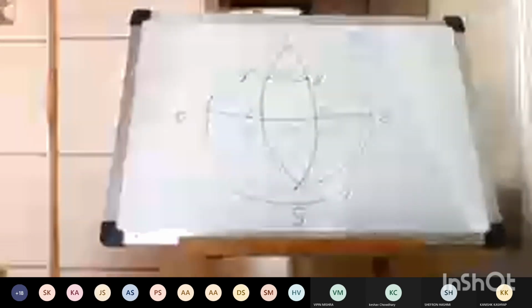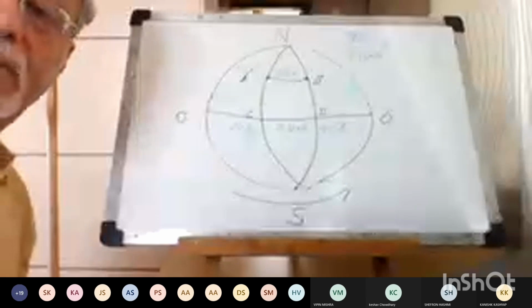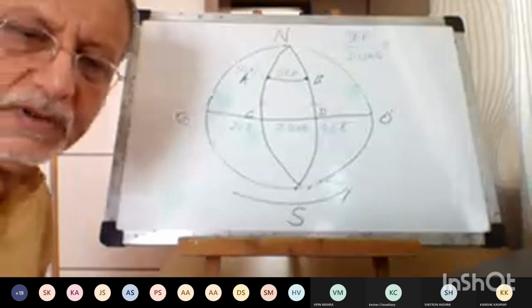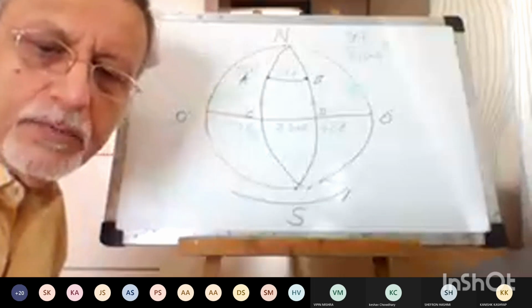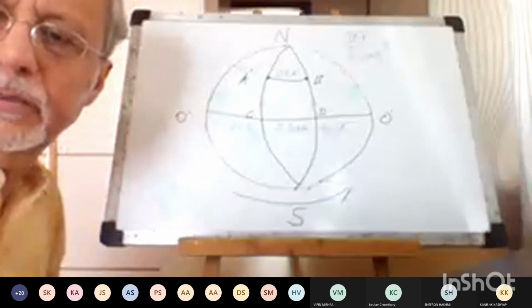Cos of lat, sir. Departure upon D long is equal to cos lat. You all must have seen the derivation in the book. If you want, you can go through that derivation. Departure upon D long is equal to cos lat. Just give me a moment.